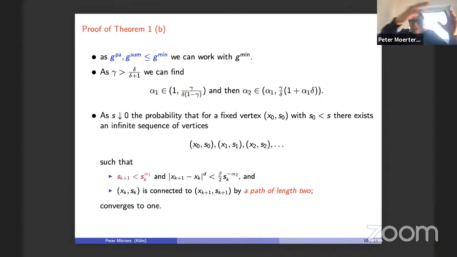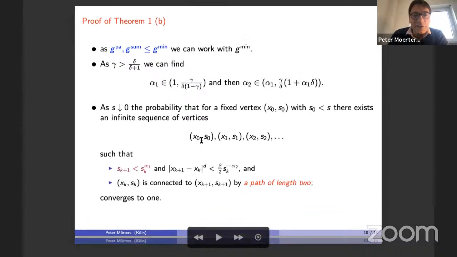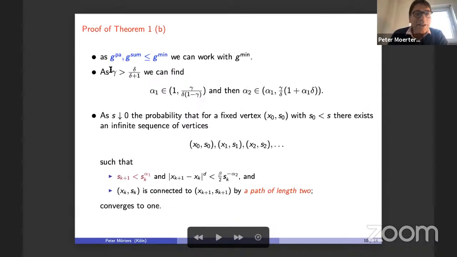You're still bound to be in this local area, whereas the softening gives you extra potential to find these connecting vertices. So this strategy, it's not hard to calculate, works if and only if gamma is bigger than delta over delta plus 1.